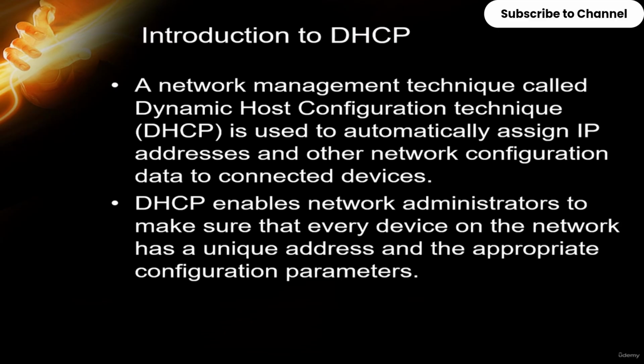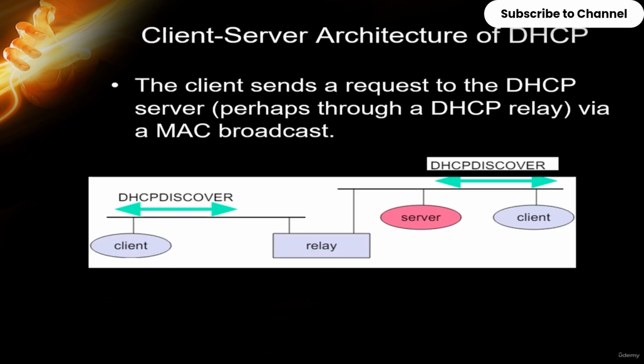The main purpose is managing and automating IP addresses. This was done by administrators to provide every device on the network with unique addresses and the appropriate configuration parameters. Here you can see the client server architecture of DHCP.